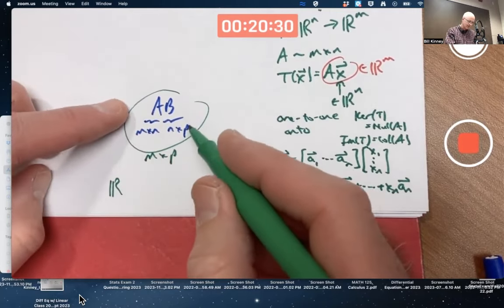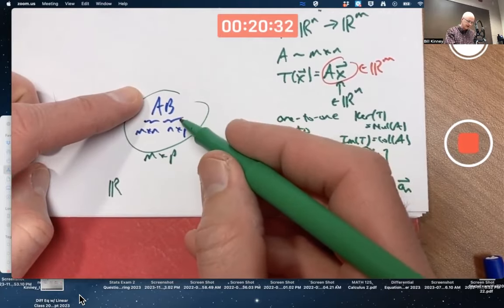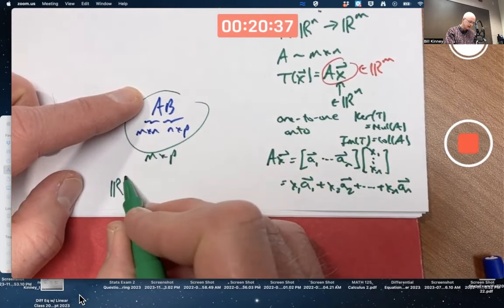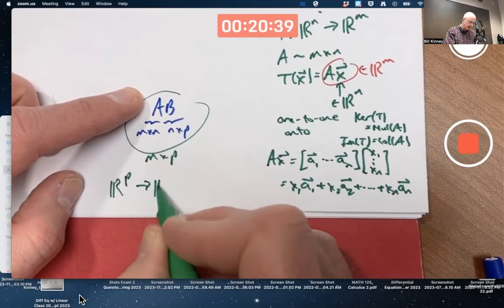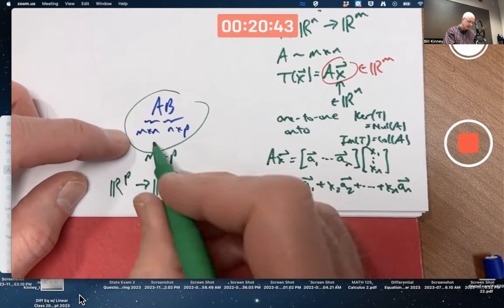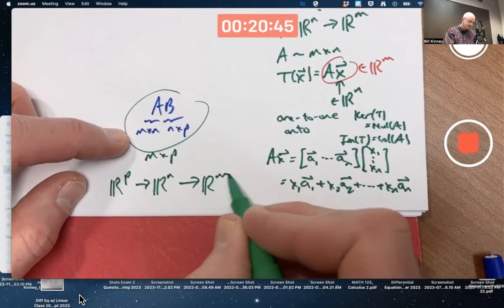Actually, if we work from right to left here, B is going to get applied first. So since B is n by p, the first transformation is going to be from Rp to Rn. And then the second transformation is going to be from Rn to Rm.